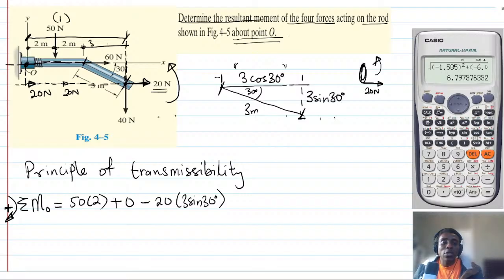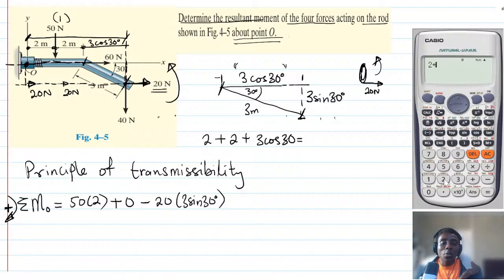So we have to add 2 plus 2 plus 3 cosine 30. And that's basically 6.598, or let's say 6.6.